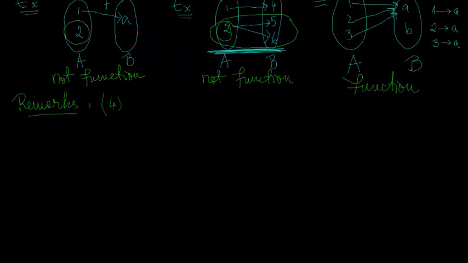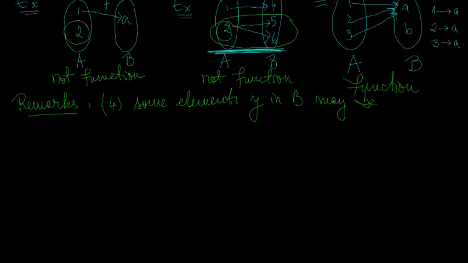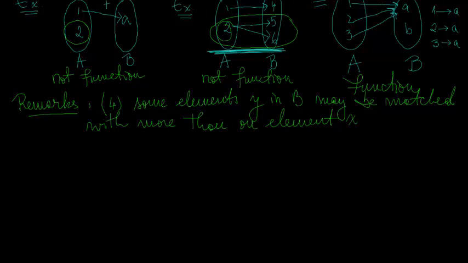Let's say remark 4. We note that some elements y in B may in fact be matched with more than one element x in A. And that certainly is possible, namely the y element of A was matched with the x elements 1, 2, and 3.